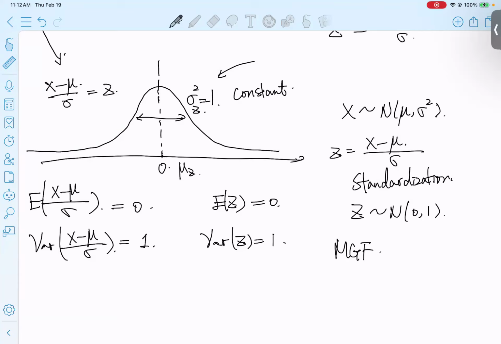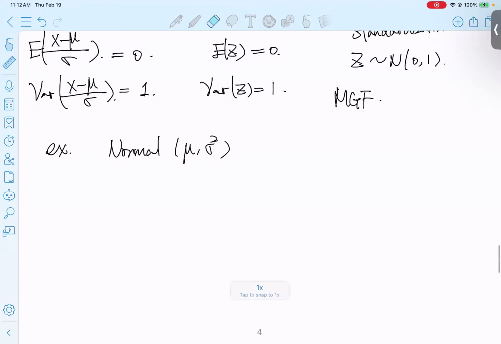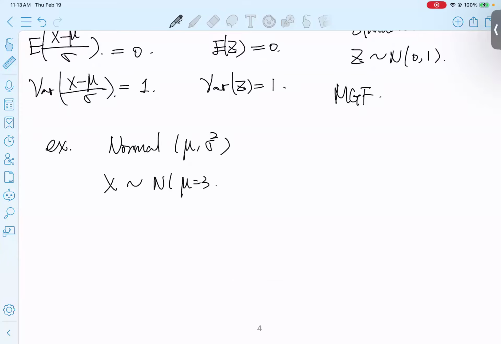The important thing here is that when you're given a question, and the question specifically tells you that you can use the normal with mu and sigma square, the prompt is already telling you to use this to measure some random behavior. So let's say X follows a normal with mu equal to 3 and variance equal to 9.